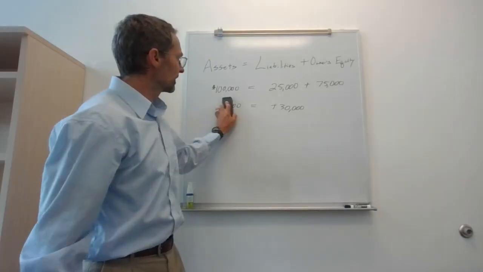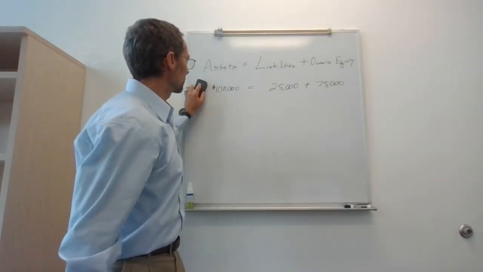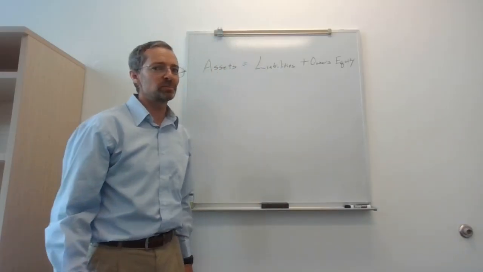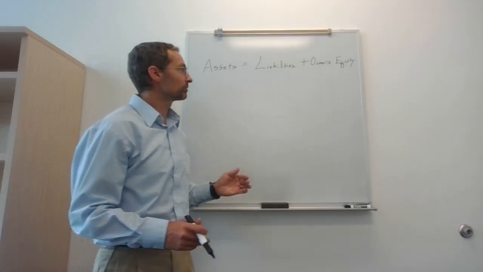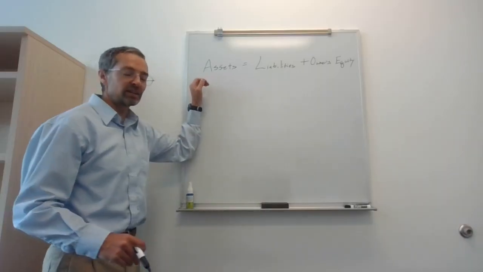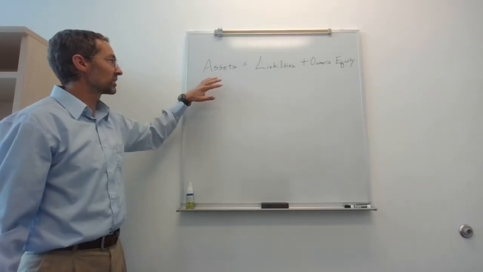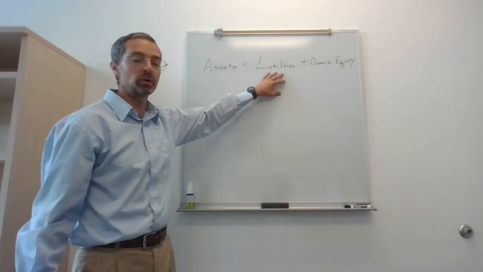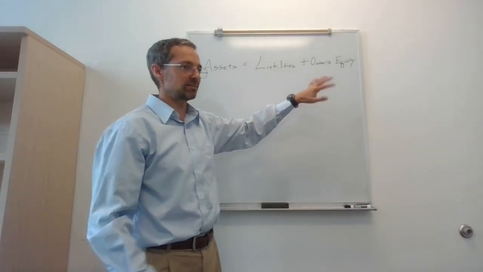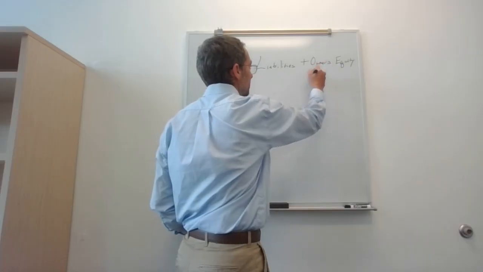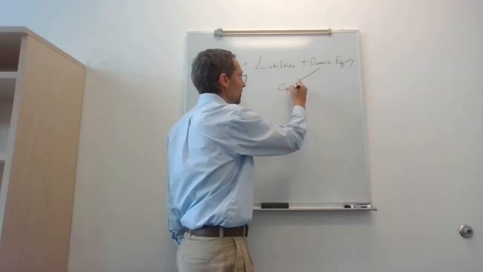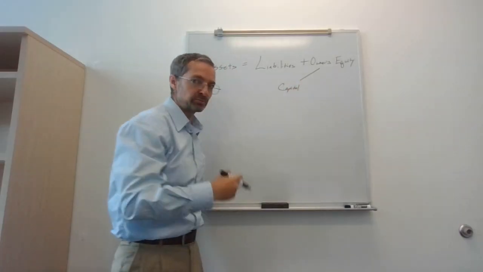Now, I do like to break this apart a little bit. Owner's equity is made up of a lot of different things in it. We talked about account types. So assets are things we own, liabilities, things we owe, and owner's equity is a bunch of stuff. So that is going to be capital, or that's the owner's investments in the business.